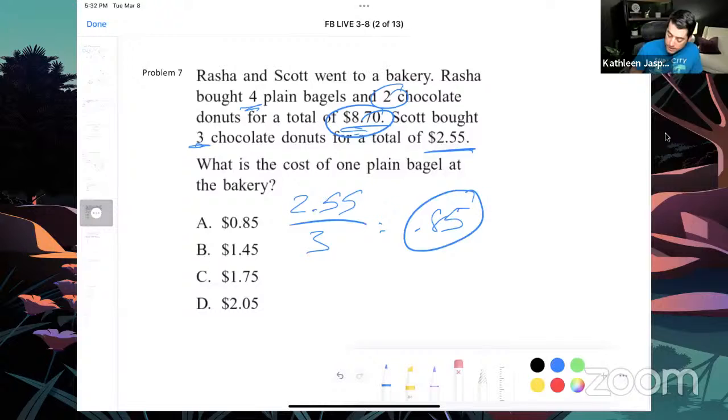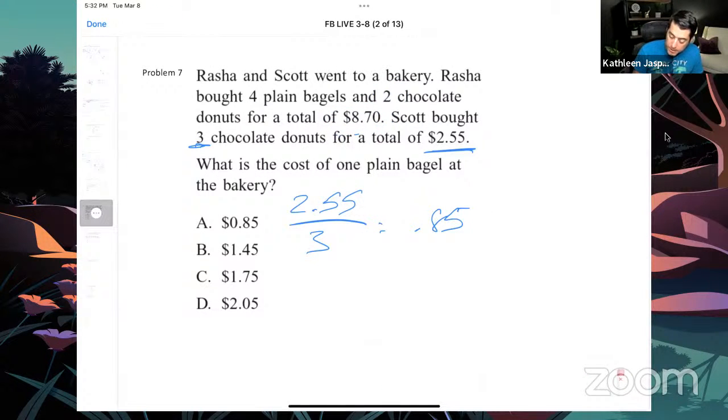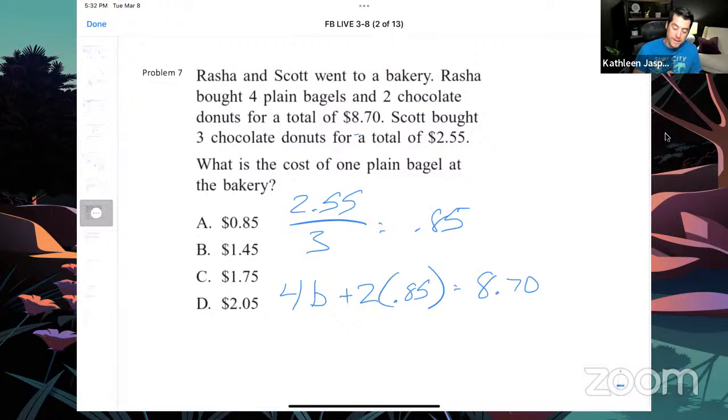So I'm going to say that I have 4 bagels plus 2 chocolate donuts, which are now 85 cents, is equal to $8.70. Okay. So then 2 times 0.85 gives me 1.7, equals 8.70 plus 4b.